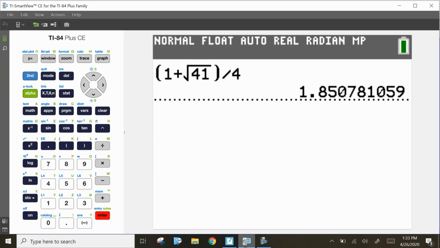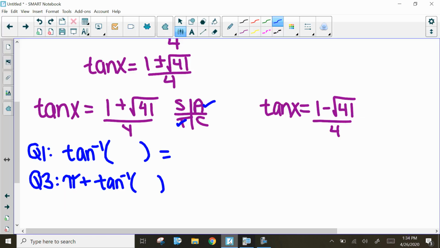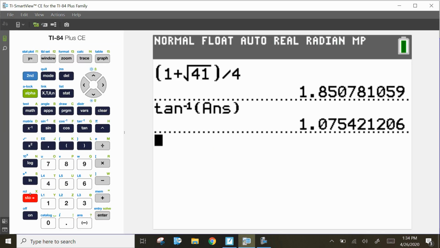So since I already have the value in my calculator, let's do inverse tangent of my last answer. 1.075, so that's the value for quadrant 1. And I'll do exactly what I did in the last problem. I'm going to store this as x.